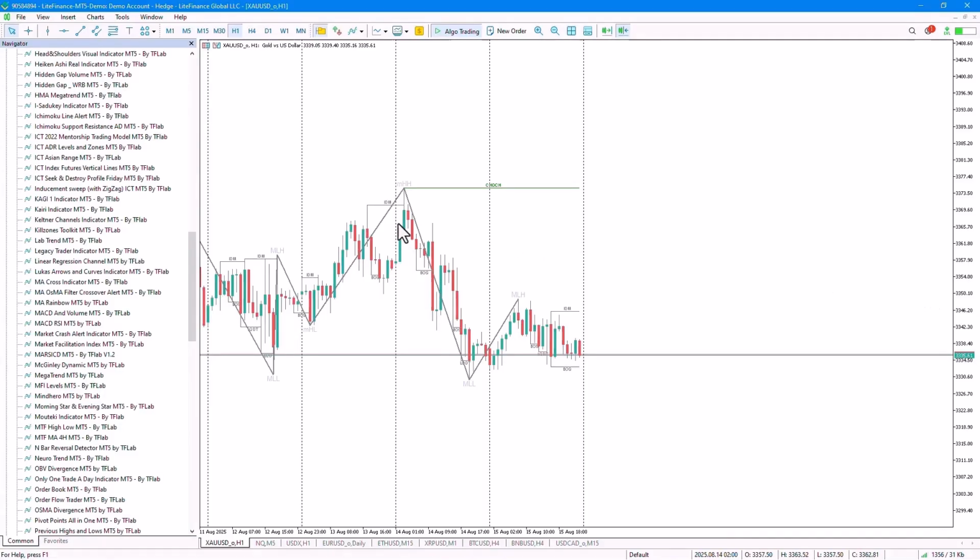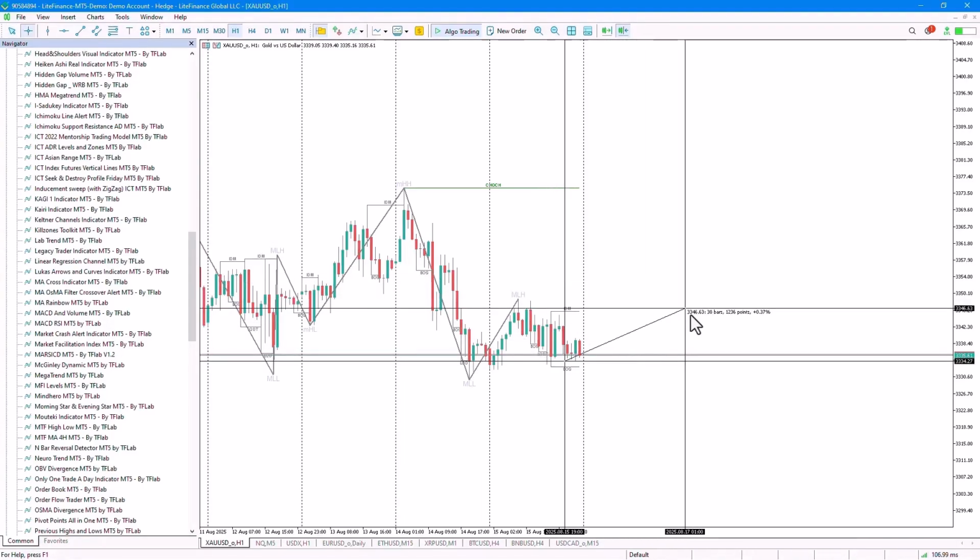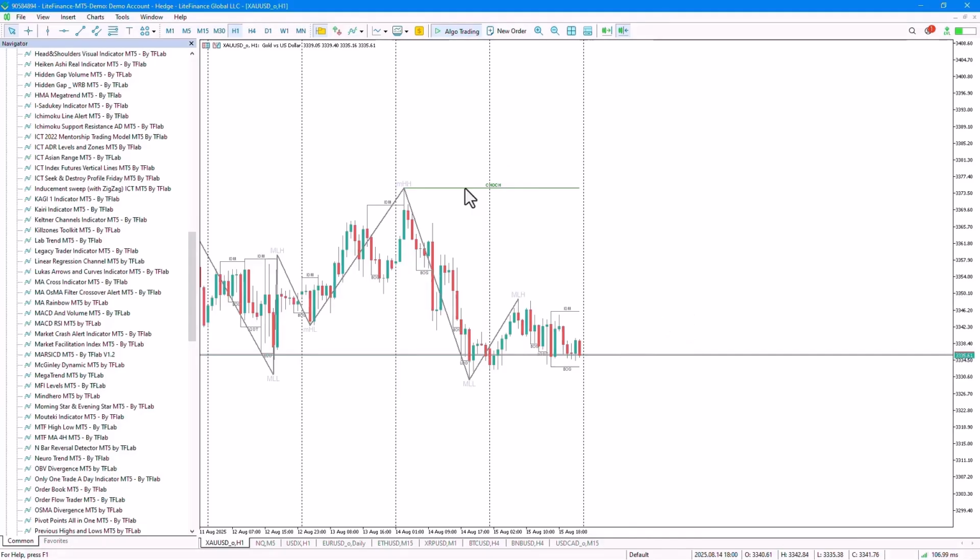Also, the levels that are drawn for us, for example, CHoCH is shown here if the price moves upwards and breaks this level to the upside and then closes above it, it indicates a change in the market trend from bearish to bullish. As long as the price continues to move and form new highs and lows, this line will extend for us.